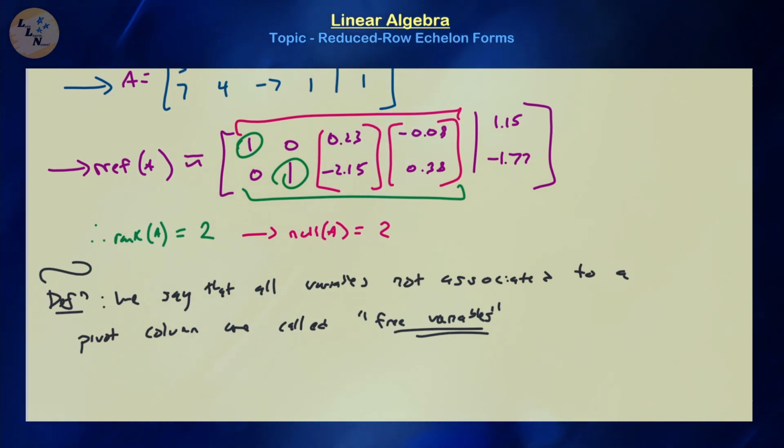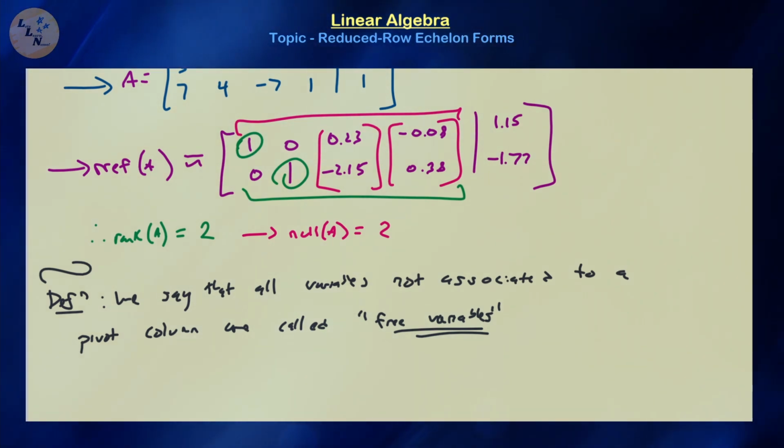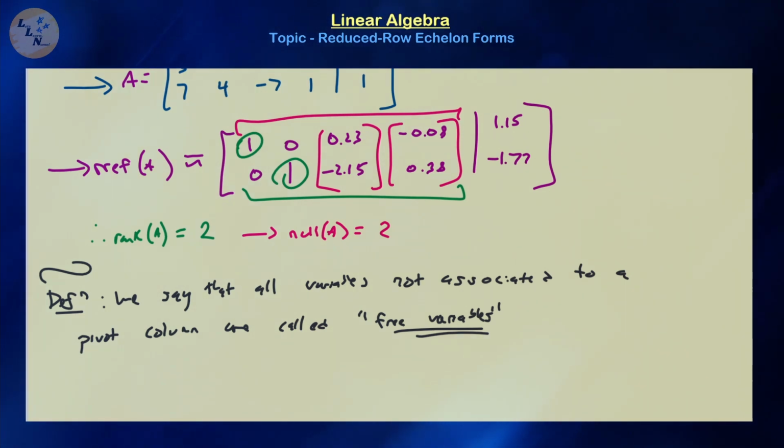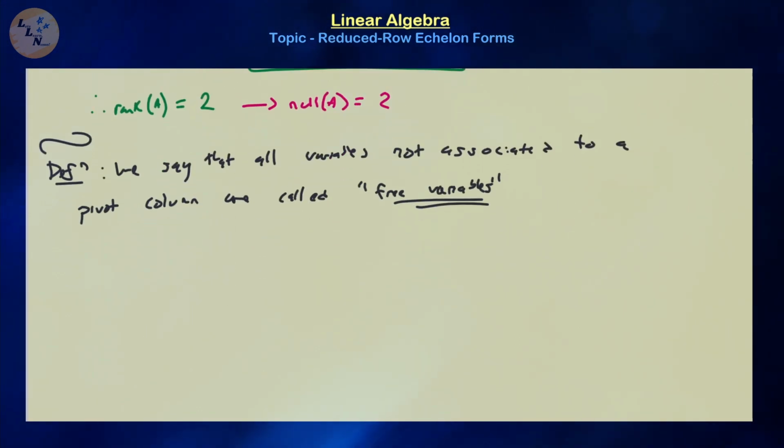Now, why exactly do we call them free variables? Once we start looking at the applications of systems of equations and matrices, why we call them free variables is going to make a lot more sense, but right now we're just introducing the terminology that we're going to be using in those applications.